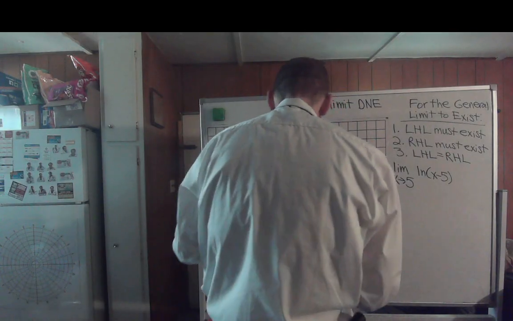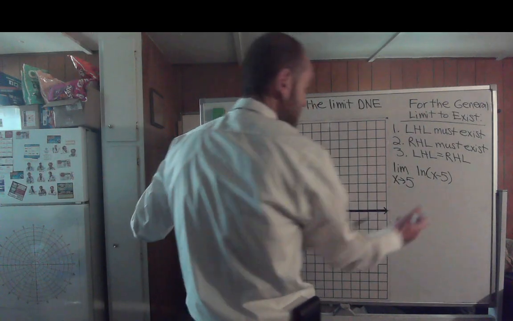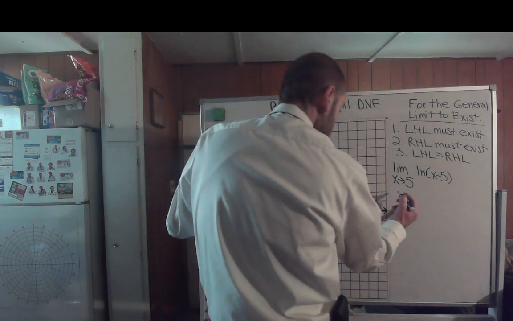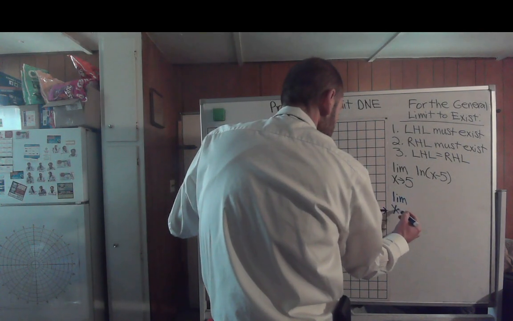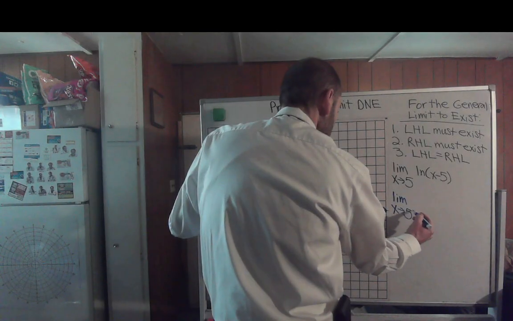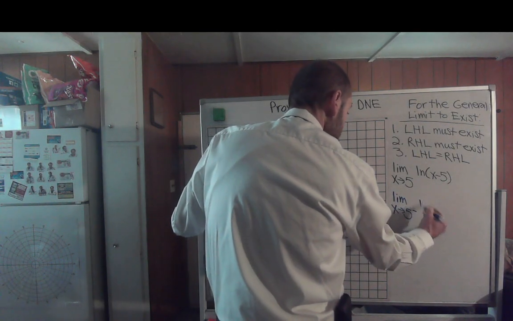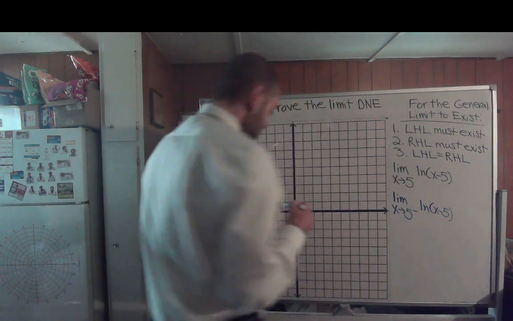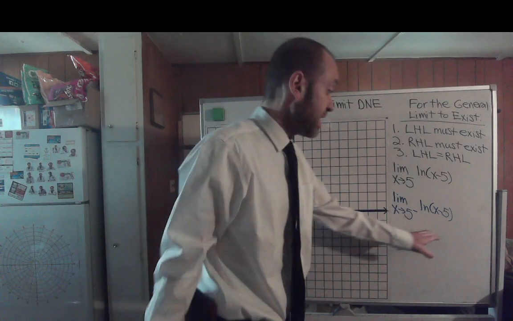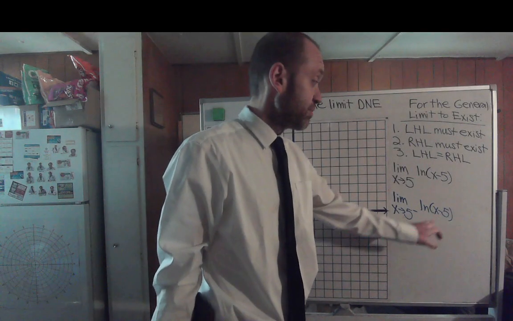Well, why don't we do the left-handed limit here? Let me write in blue ink. Since this is the original problem, I'm going to do the proof. First, let's take the left-handed limit. So the limit as x approaches 5 from the left of the natural log of (x - 5). Well, if we approach 5 from the left, you're going to have a number less than 5.